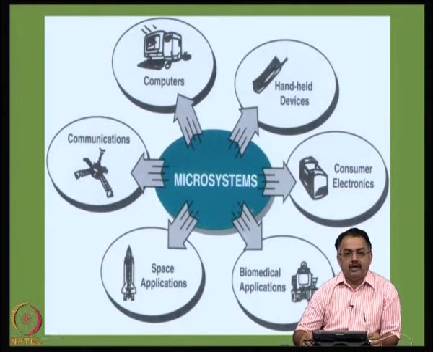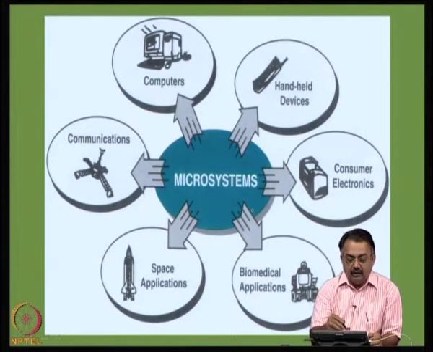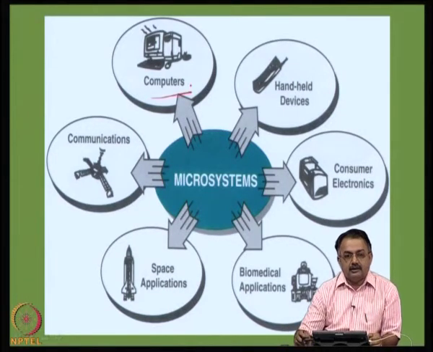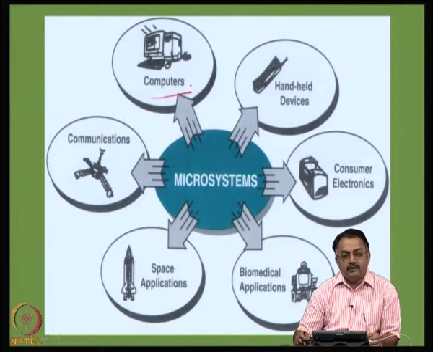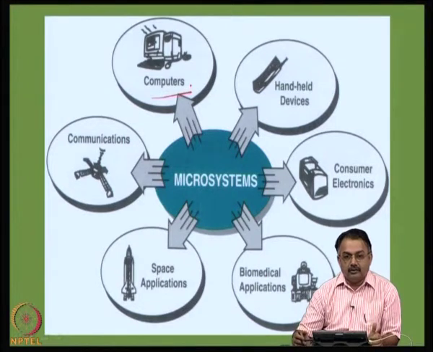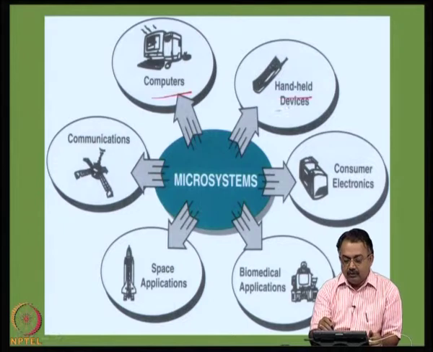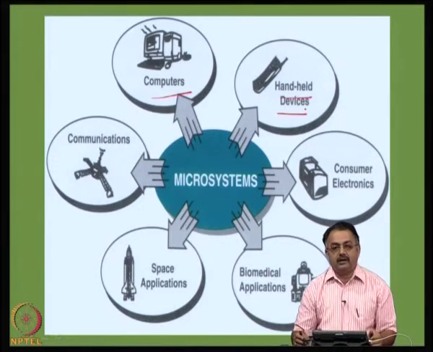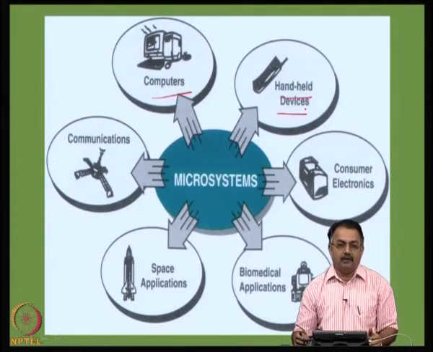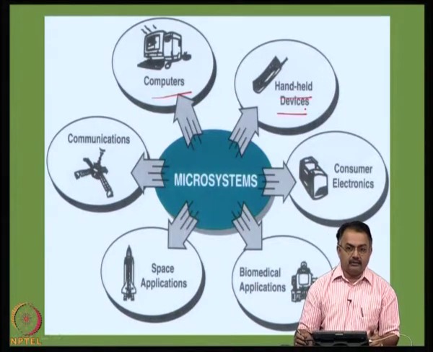Computers, very common today, many people are using computers and we are in the realm of computers as it is. And there are various specifications, various standard bodies in the field of computers while manufacturing a computer. And then you have handheld devices. As I told you earlier, this is a very major segment occupying a large market share in electronics today globally.